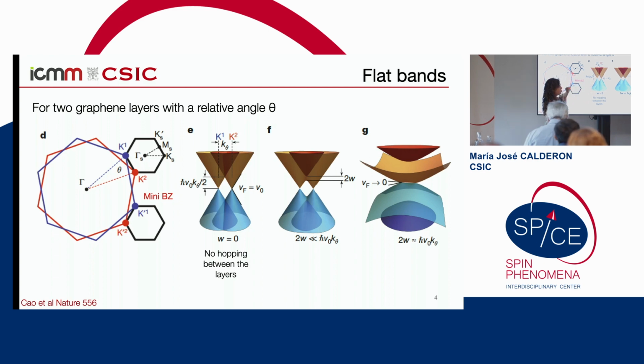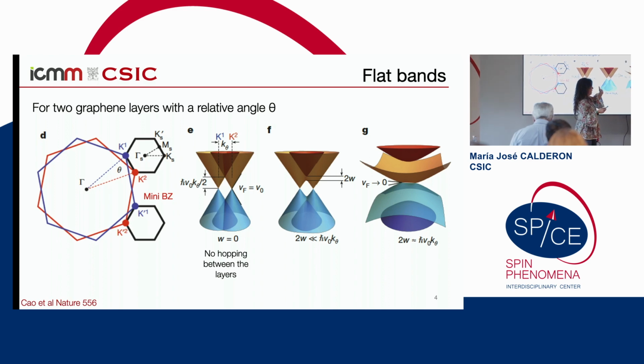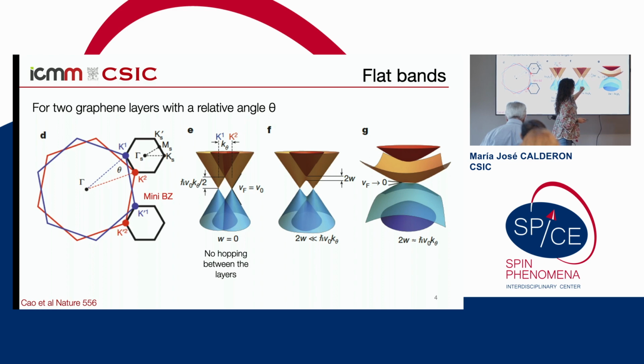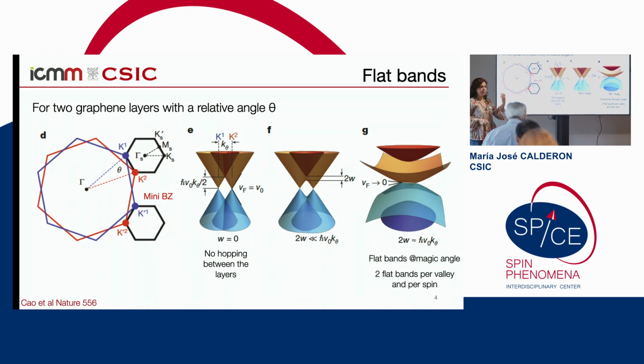But in the moment that you switch on the hopping, then there are some changes in the bands. And at the end, you can get this interference, because you have a very large Brillouin zone, and you have a lot of folding of the bands, and this interference gives rise to these very flat bands. And this occurs at a particular angle, which is called the magic angle.